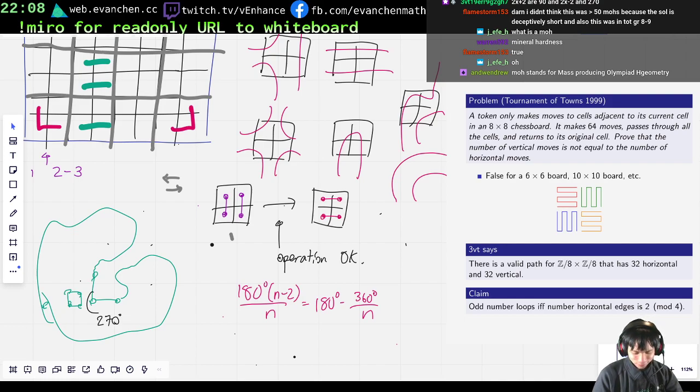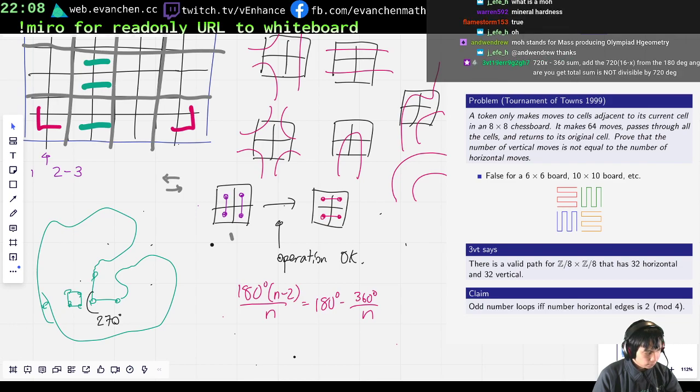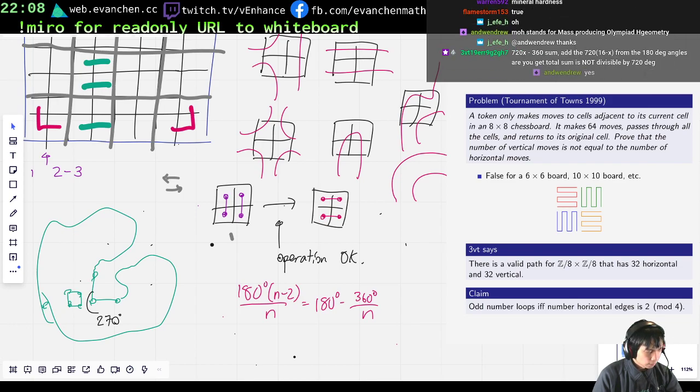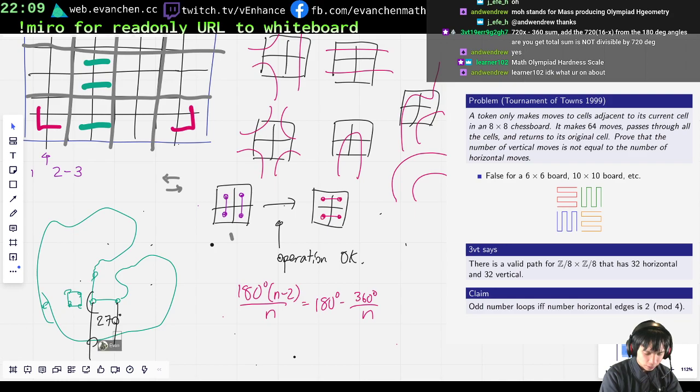Anyways, I do think 270-degree angles feels like it's going somewhere. So if I have a 270-degree angle, maybe what I can do is try to do something like that, where I don't like it. No, no, no. What do I do with this?